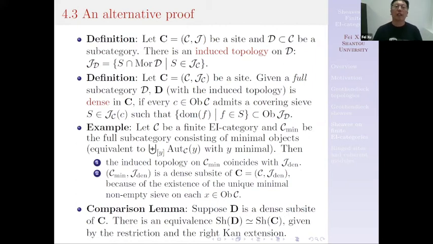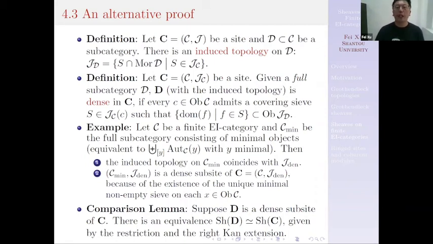If you take the dense topology we mentioned earlier, then you get a dense subsite. And in the paper by Balmer, he has a topology called SIPP, and that topology also induces a dense subsite.